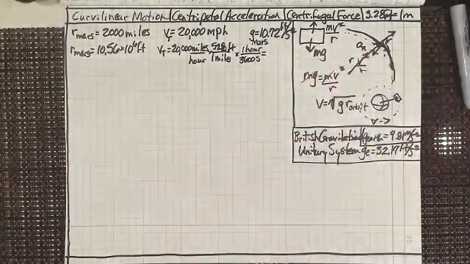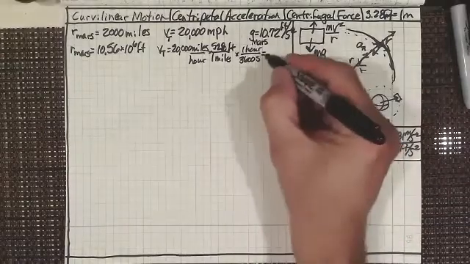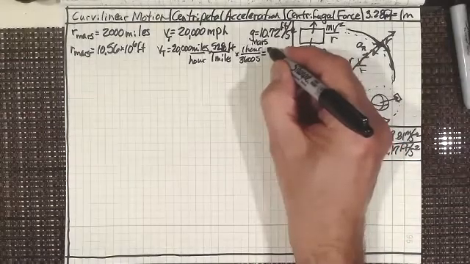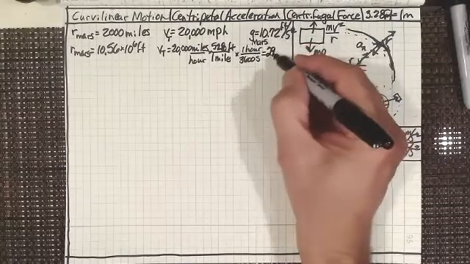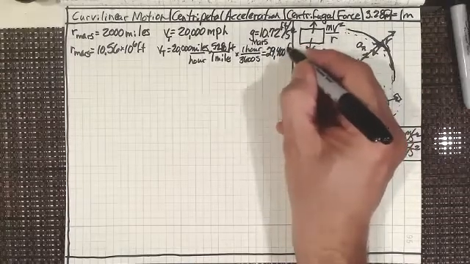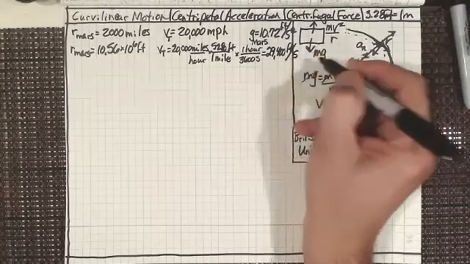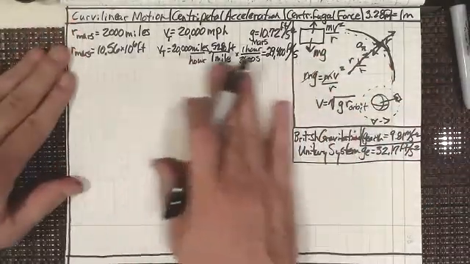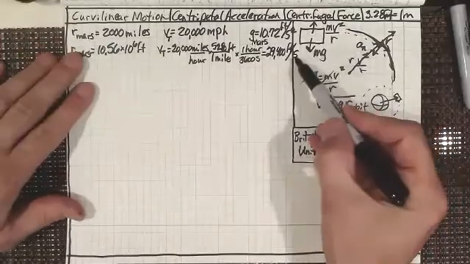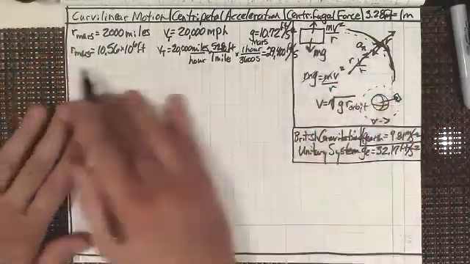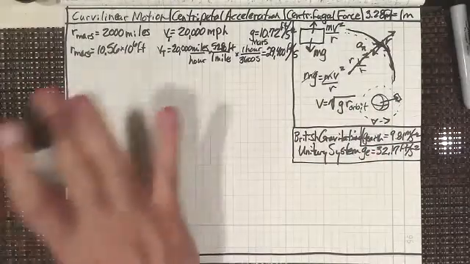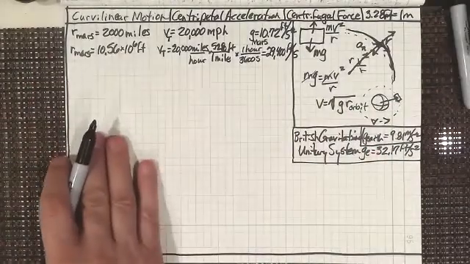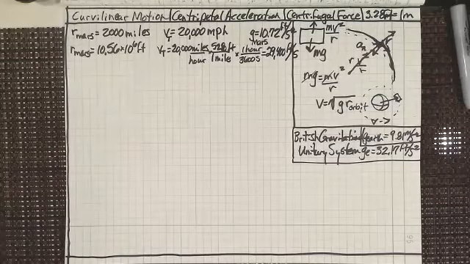So 20,000 miles per hour is actually 29,400 feet per second. So everything is in the British gravitational units that we want. We can switch those back to miles, or to meters, or whatever we want later on. Doesn't really matter.